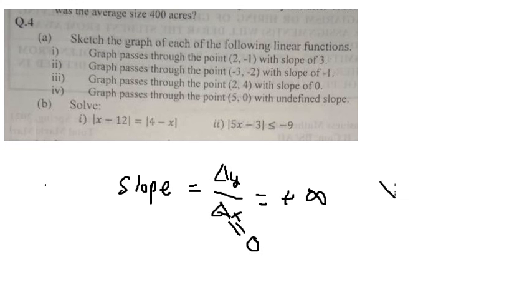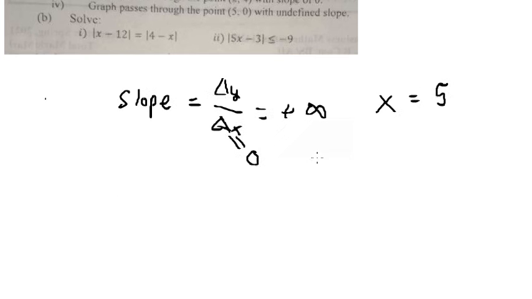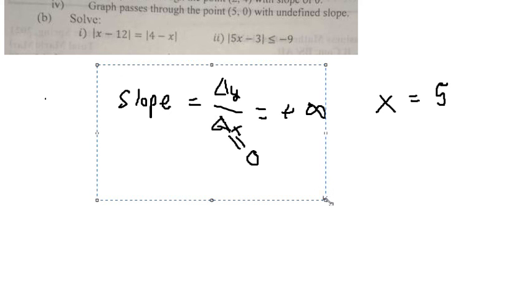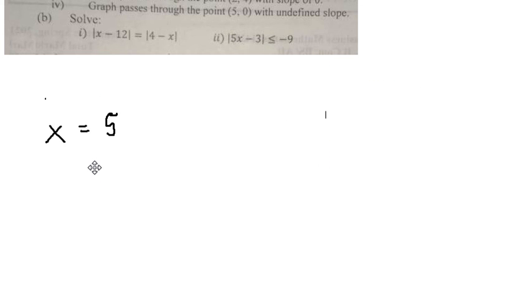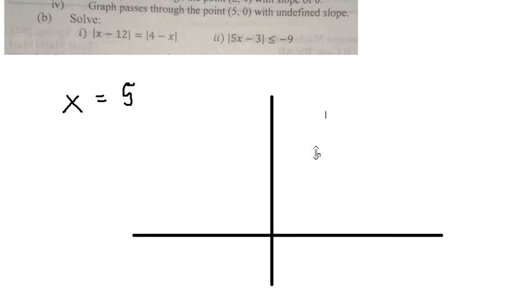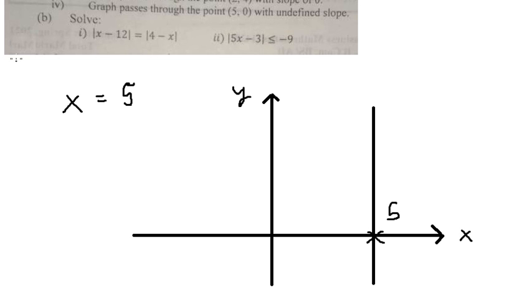So we have x, and we put 5 in here. The line is x equals 5. That should be like this. And here is the answer for question number 4.